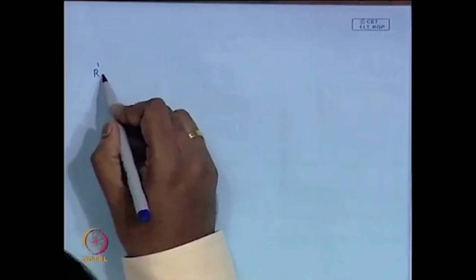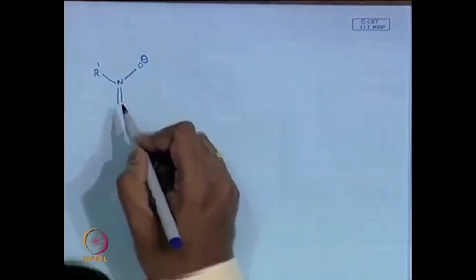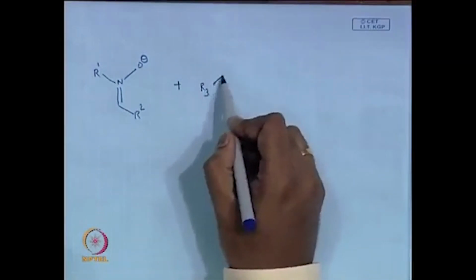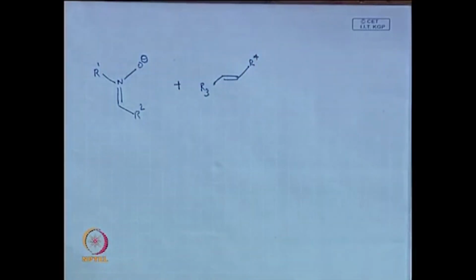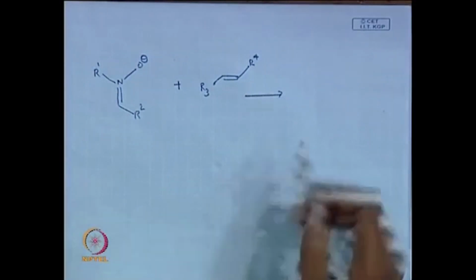Okay. That means, for example, I am just taking a similar example, just to understand whether you can write the product. I have a nitrone like that. I can take an alkene. Now, if I ask you to write both the products, can you write?